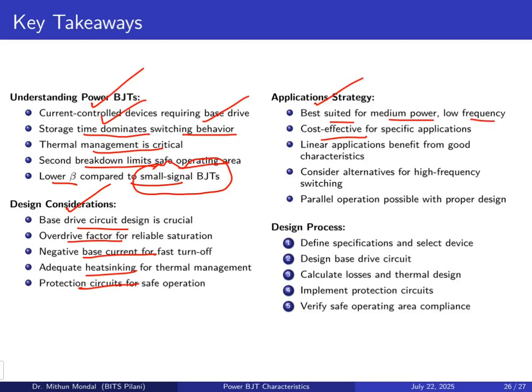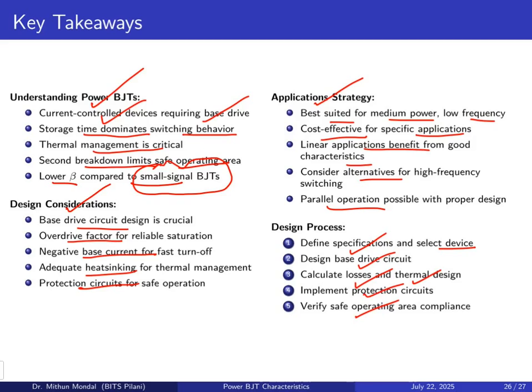It is cost effective for specific applications, and linear applications benefit from its good characteristics. Consider alternatives when you require high frequency switching. Parallel operation is possible with proper design. The design process: define the specification and select the device, design the base drive circuit, calculate the losses and the thermal design, implement the protection circuit, and verify safe operating area compliance.